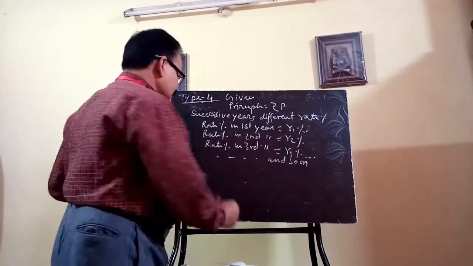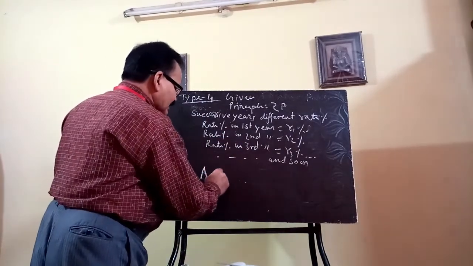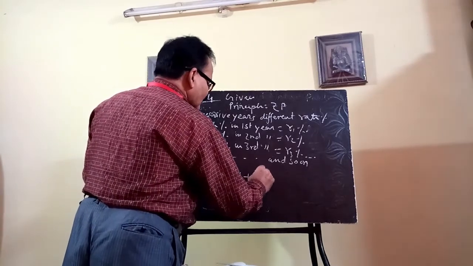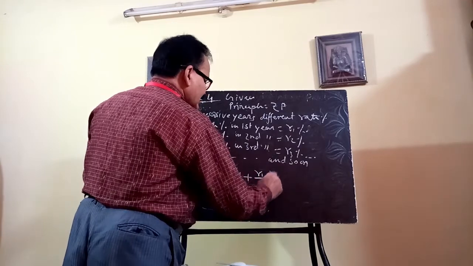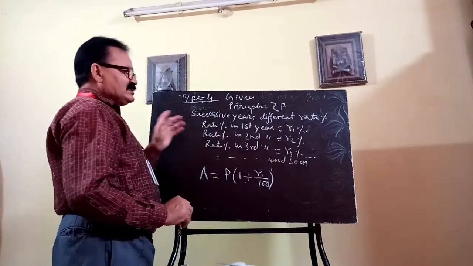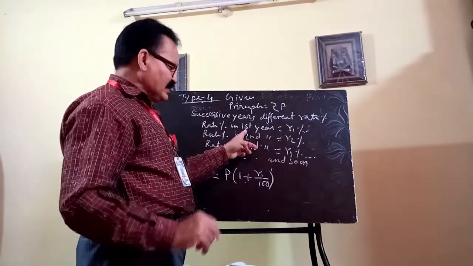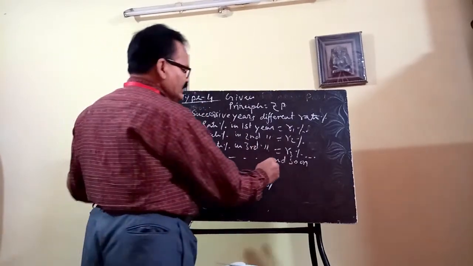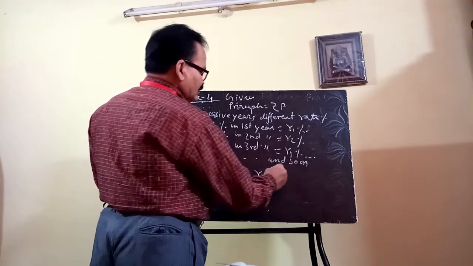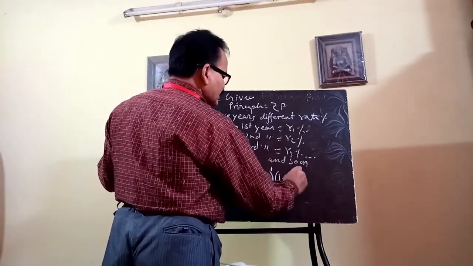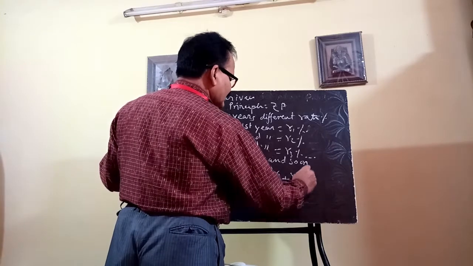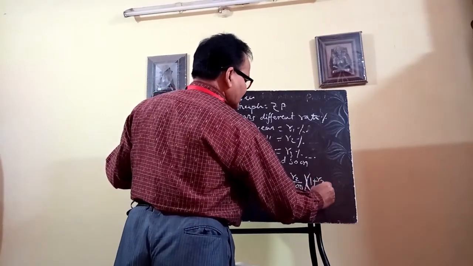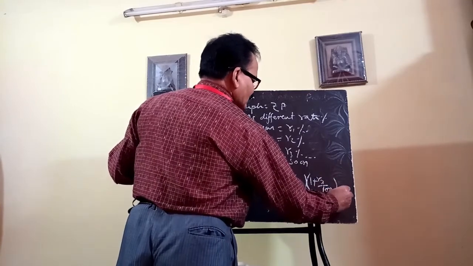So in that case, amount can be directly calculated by the formula P into 1 plus R1 by 100 to the power n, because this interest is valid for 1 year only. And it is compounded annually, so your n is 1. Here again 1 plus R2 by 100, here 1 plus R3 by 100, and so on.